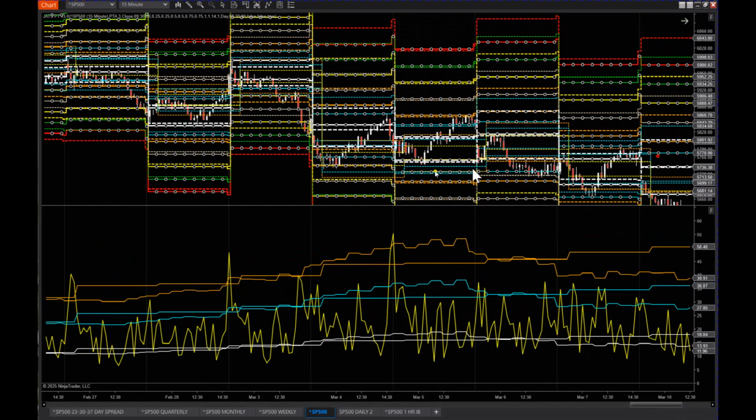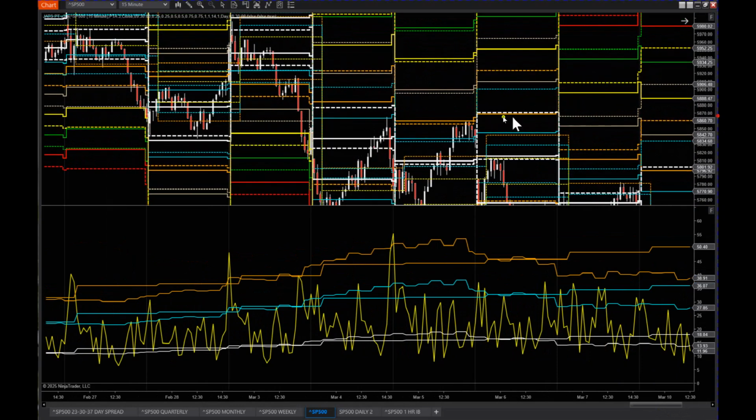This is actual volatility in the market, and you can see that they go routinely to these outside excursion levels. 1.75 times the open daily range on the open. That was a big one.